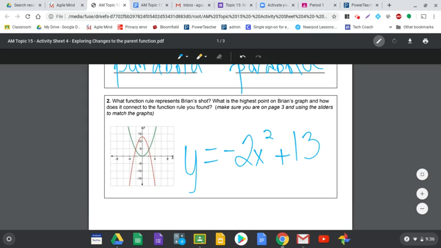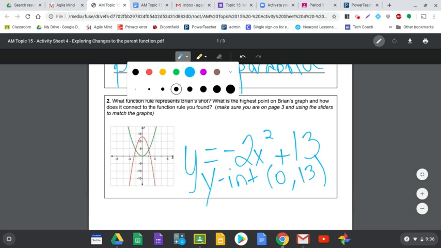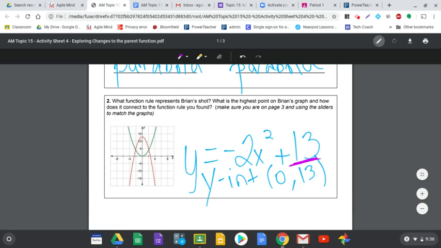Our y-intercept is 0, 13, and that's our highest point because k, our number here, shifted it up 13 spaces. So we can say it went up 13 units.